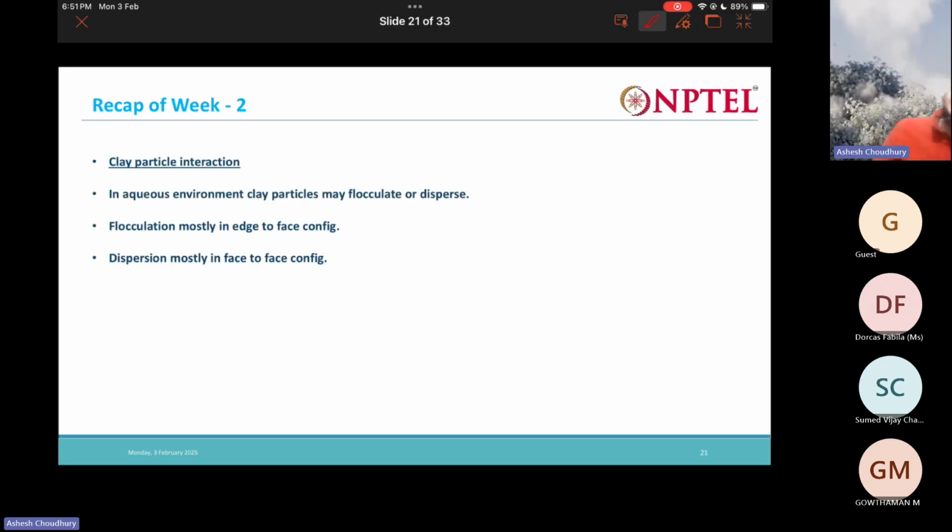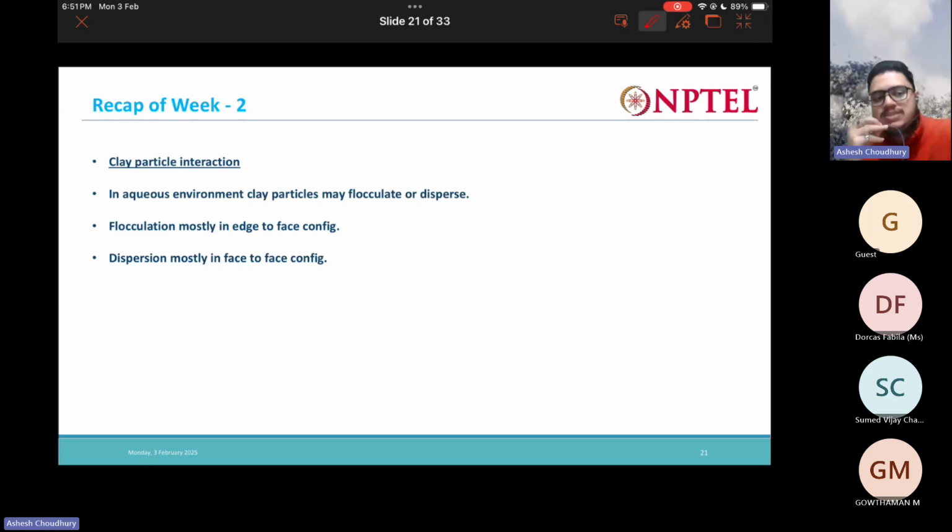Okay, now clay particle interaction. So if you remember, we had discussed in the previous class about this hydrometer test. We recalled that we have to put some dispersing agent, and then also we have to use distilled water. So why you have to use?